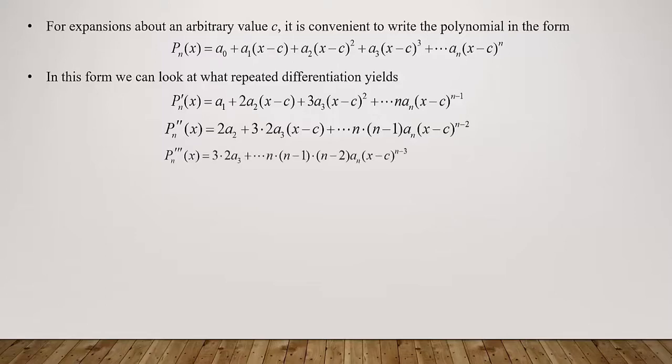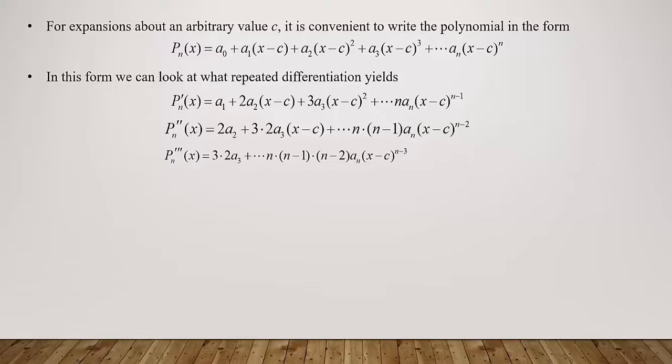The third derivative: when we differentiate the second derivative, the derivative of 2a sub 2 is 0. So the third derivative would be 3 times 2a sub 3 plus, yada, yada, yada, plus n times (n minus 1) times (n minus 2) a sub n (x minus c) to the n minus 3.